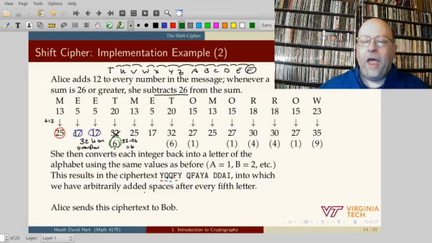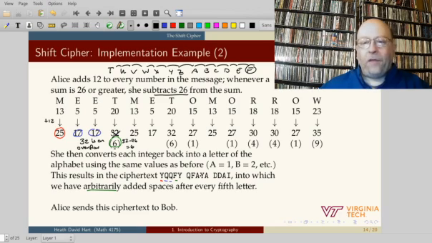And we have just arbitrarily added a space after every fifth letter, just so that the spacing won't give Oscar any additional information. It's just to form a pattern, but it doesn't have to be the same as the original spacing.